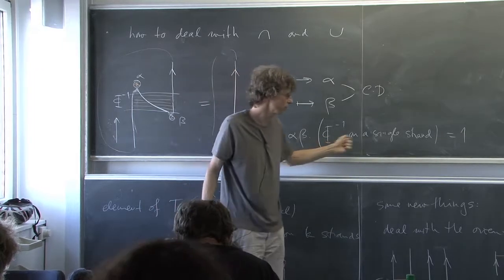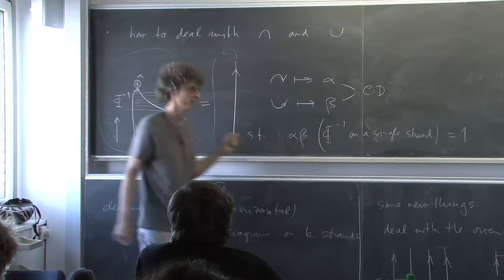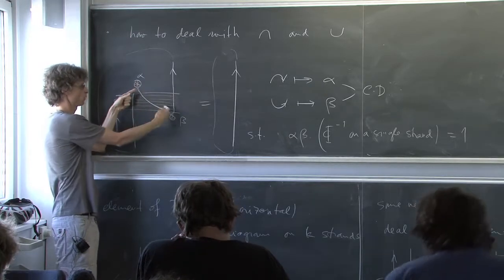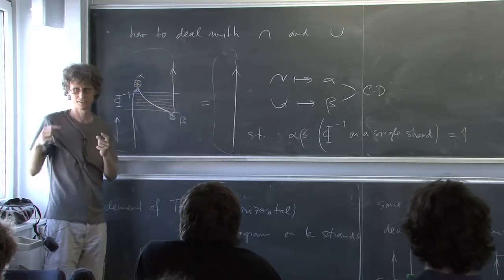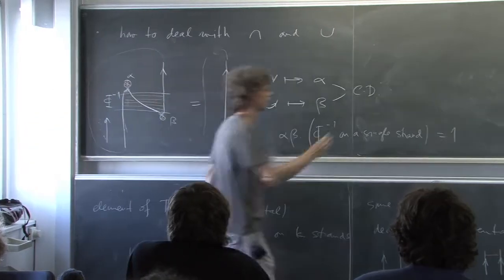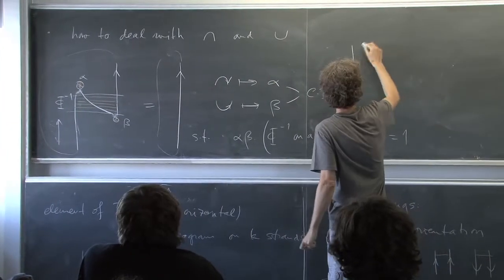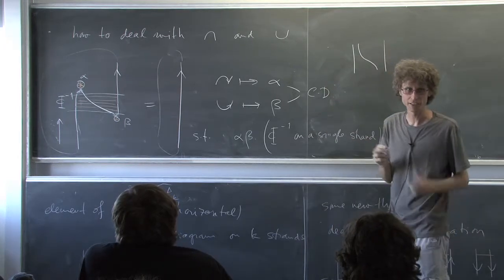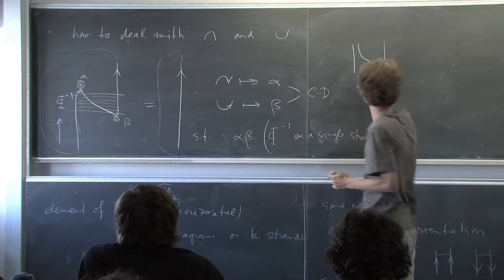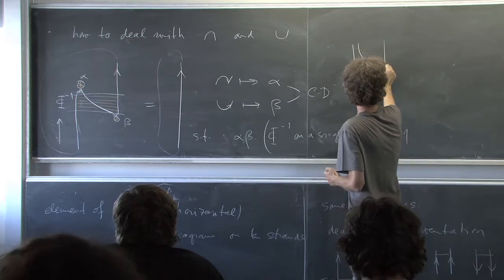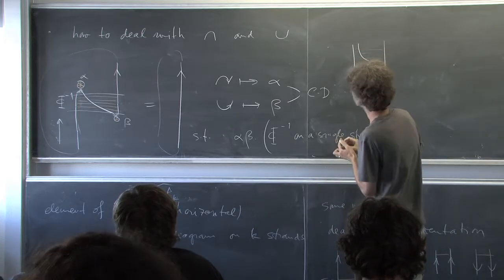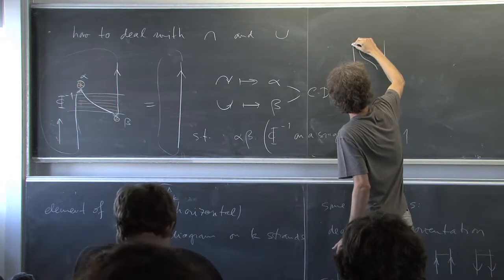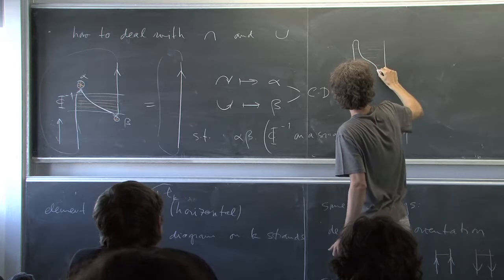Now this phi inverse put on a single strand, that's what you see here. So you take phi as a chord diagram and then you close the skeleton of the chord diagram according to that rule.